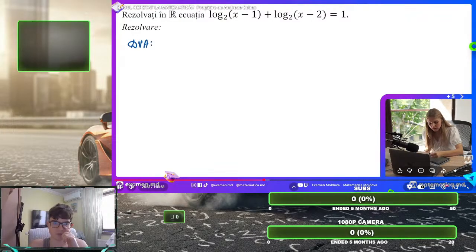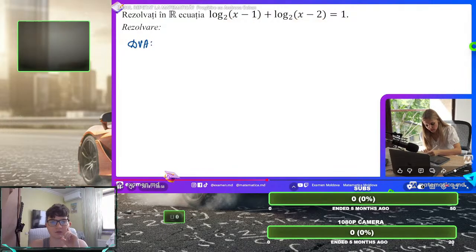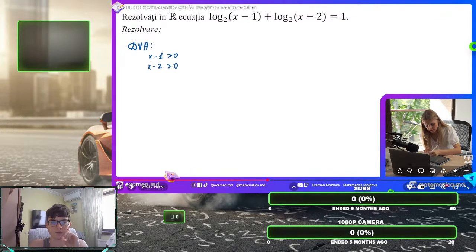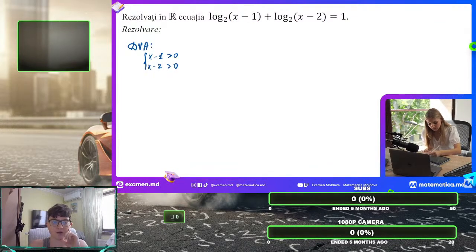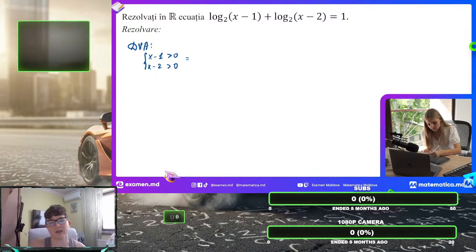Okay, so the domain right here, LOG2, the base right there, LOG2 again. Okay, so I was right with the domain, so that's good to know.